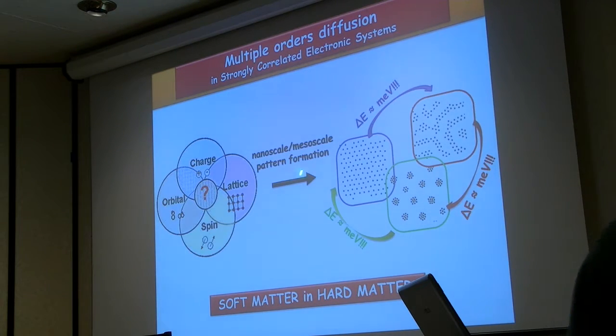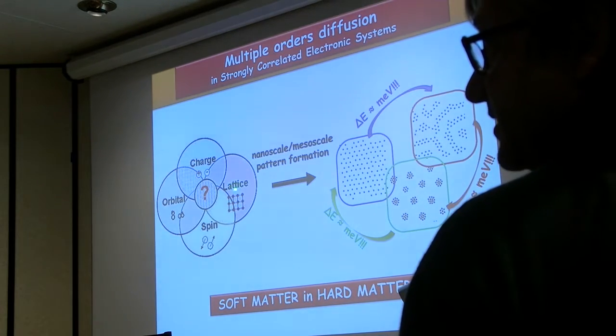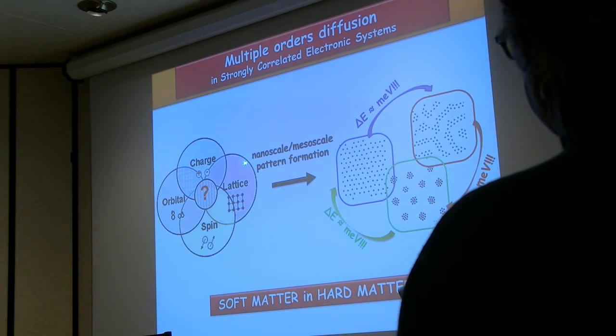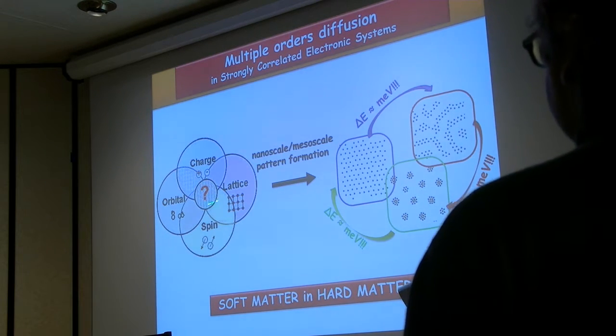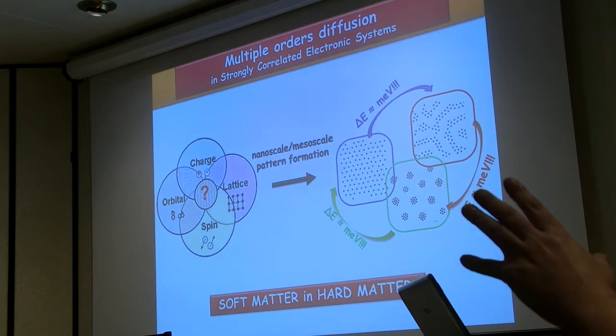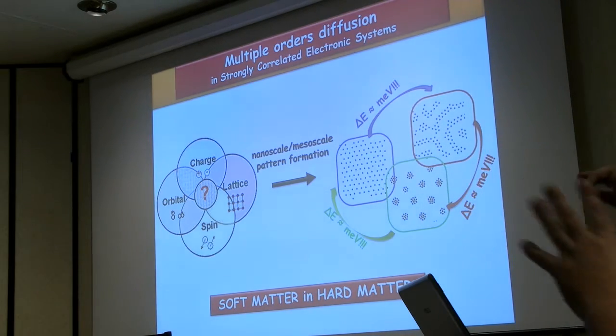What happens is that these local domains compete in the sample, but an important thing is that these domains have a spatial organization, and you can pass from one spatial organization to another.